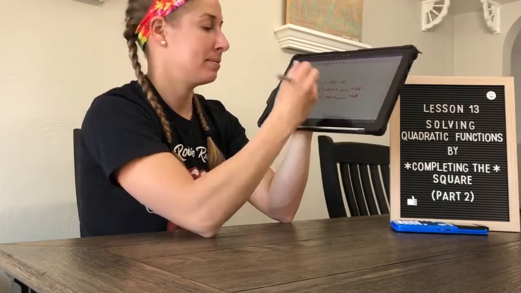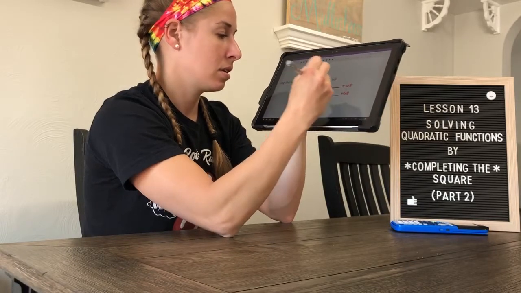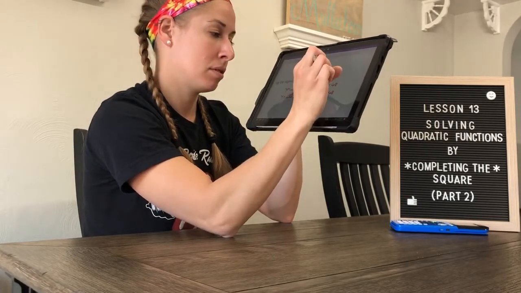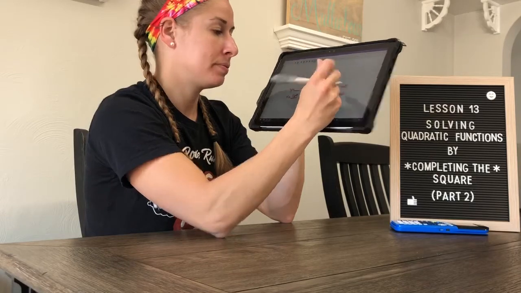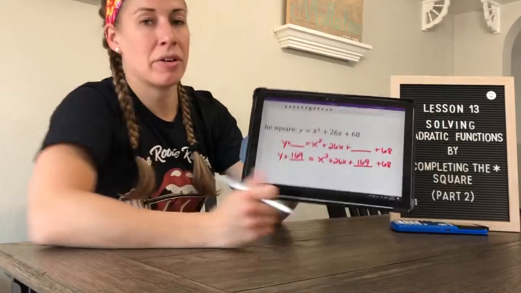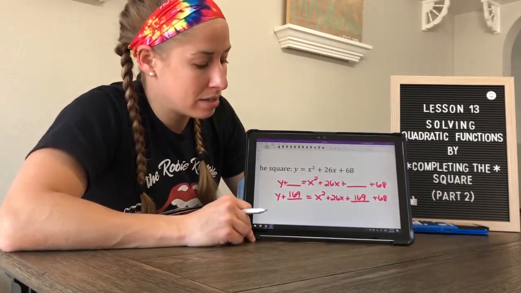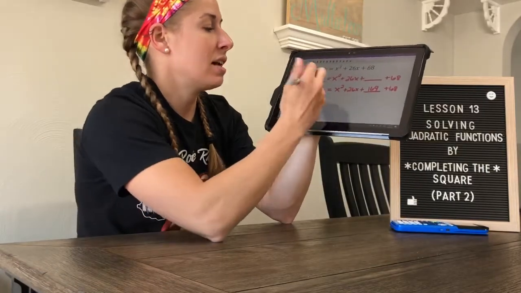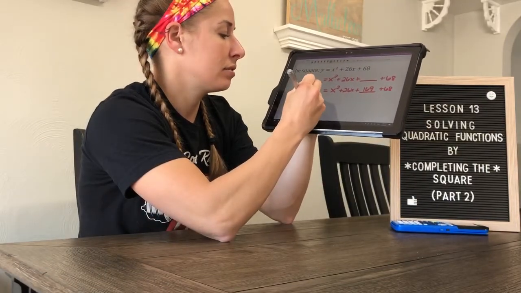It's 169. So this is what we've got going on now. We're adding that c value to both sides. So y plus 169, I'm just going to leave that there for now.